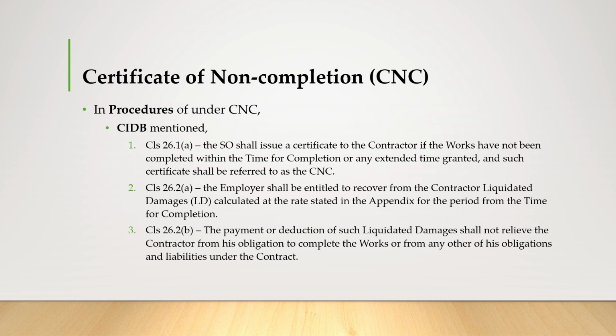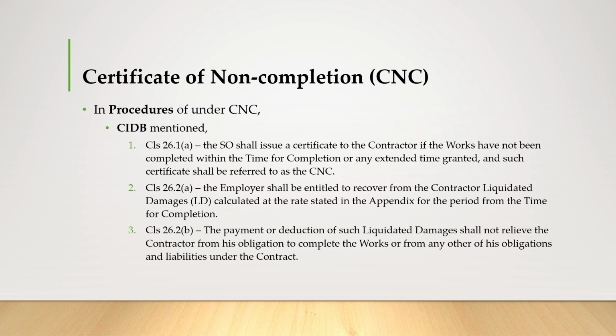In CIDB, the procedures under CNC is stated in clause 26.1a and clause 26.2a and b. The SO shall issue a certificate to the contractor if the works have not been completed within the time for completion or any extended time granted, and such certificate shall be referred to as the CNC.